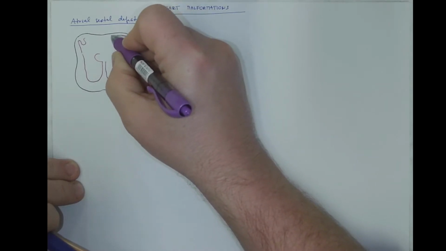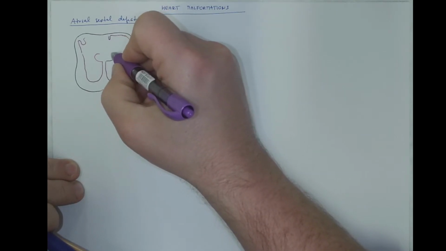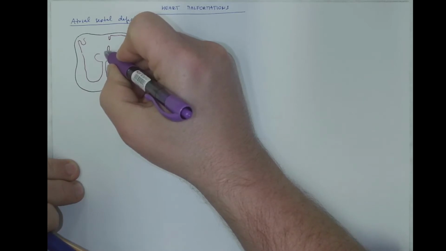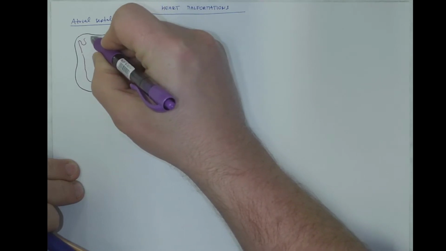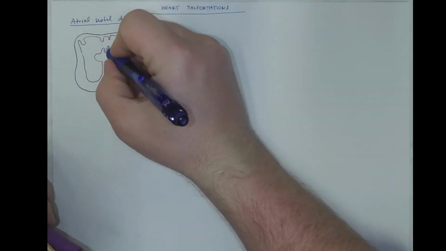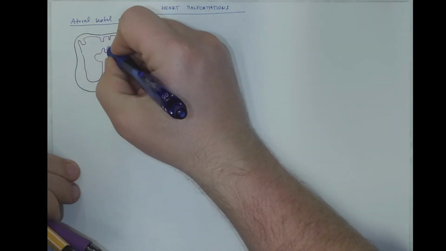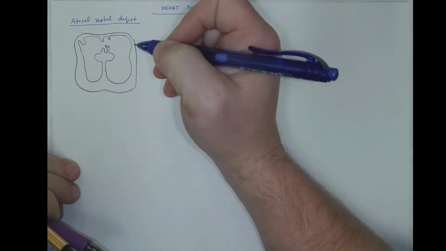But what happens if the septum primum is, for example, too short, or the foramen ovale is too large? So even when the septum primum tries to close the foramen ovale, it cannot.